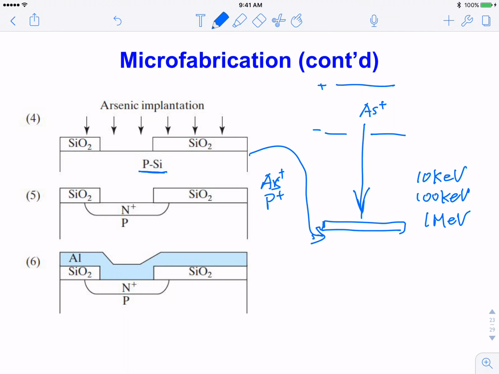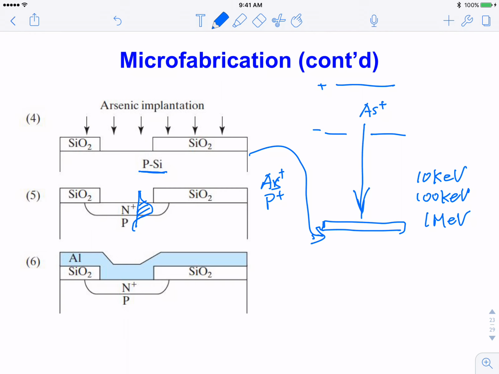And yet, it is one of the most reproducible process in the silicon processing. And the depth, so you will have a distribution of your n-type dopant, and the distribution usually is very well behaved, very well characterized. It has a Gaussian profile. There's a mean distance. There's a deviation, standard deviation. These are all very well characterized.